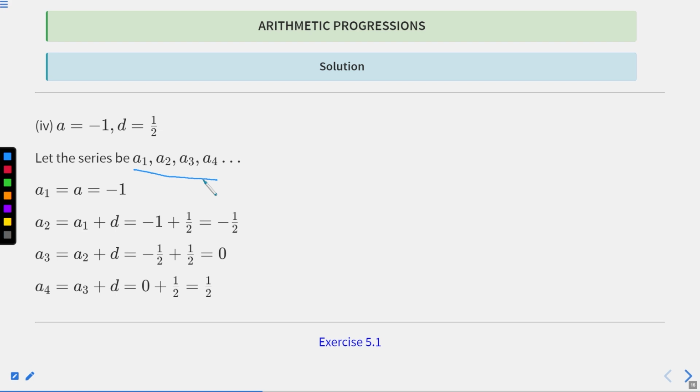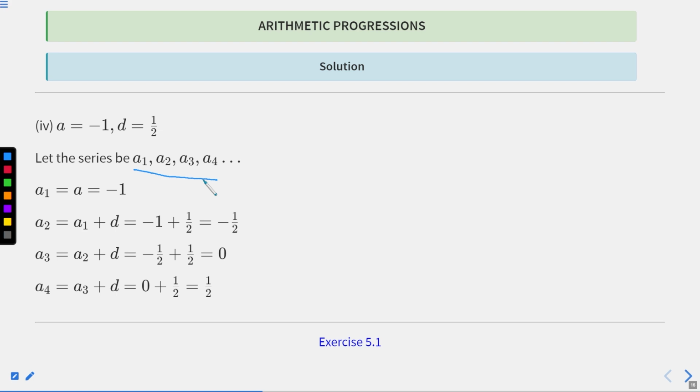And the third term A3 is equal to A2 plus D, and here the value of A2 is minus half. Then minus half plus half is equal to 0. And now A4 is equal to A3 plus D, and here the value of A3 is equal to 0, and the common difference D is equal to half. So A4 is equal to 0 plus half, that is equal to 1 by 2.